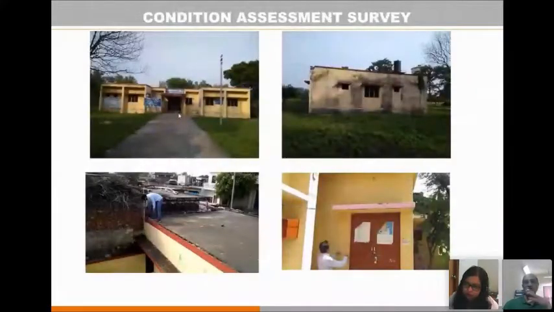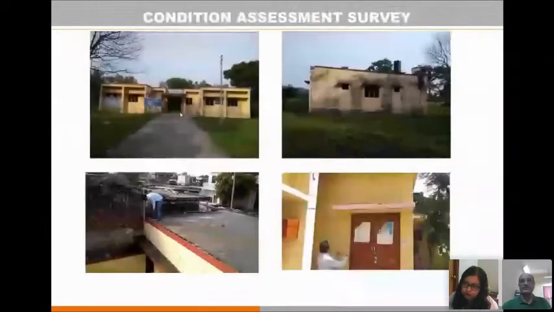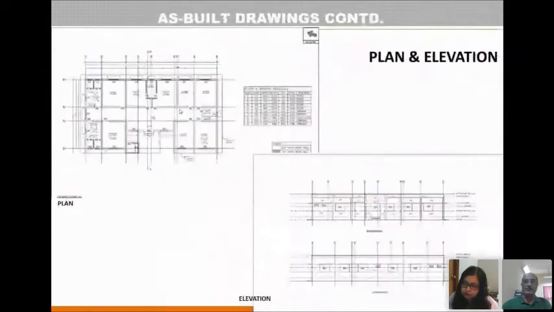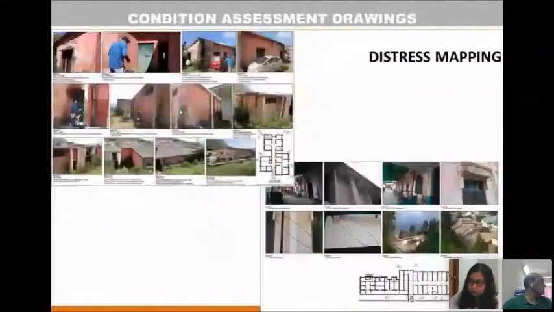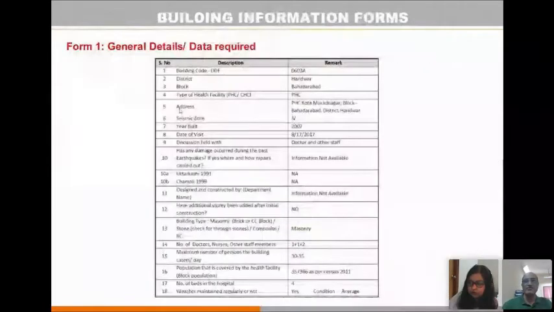So let us have a quick look at the SVA, that is the simplified seismic vulnerability assessment. In this, we need to do the condition assessment survey, thereafter prepare the as-built drawing, and the drawing should be done properly in plan and elevation, properly demarcating all the connection details. Then proper distress mapping needs to be done so that this can be incorporated while doing the analysis.